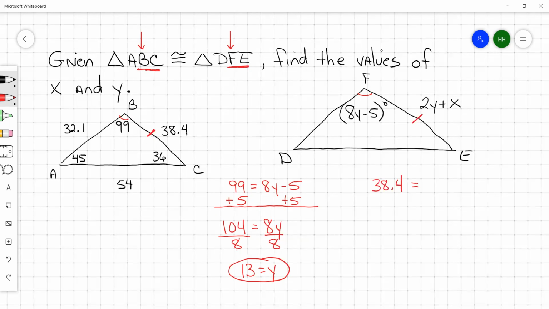It's 2 times the 13, which is 26 plus x. Substituted this y right here. So now you can subtract 26 from each side. And 38.4 minus 26, 12.4 is equal to x. So there's your second variable.